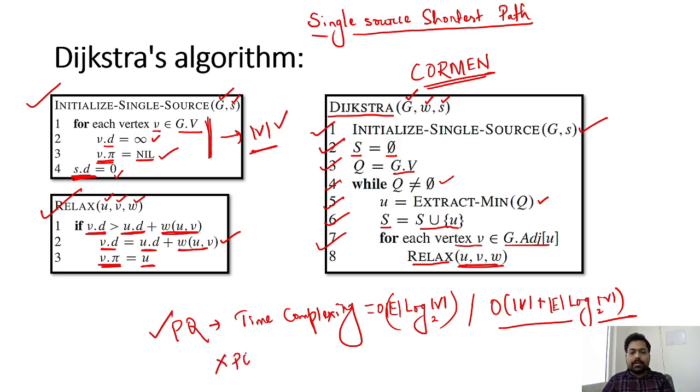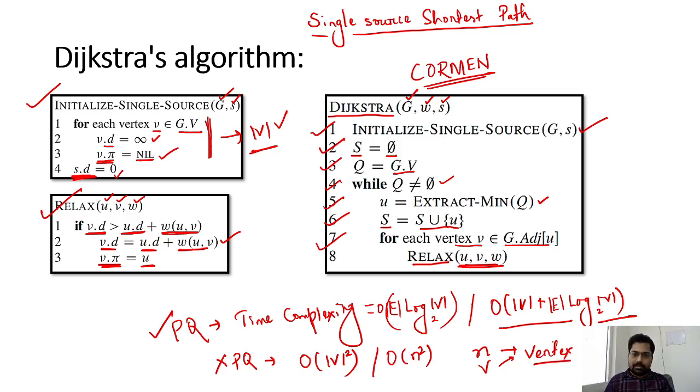If you are not using priority queue, as in the previous Prim's algorithm we discussed, it could be represented as V square, or N square, where N and V both are called vertices of graph G. This is the complexity we found.